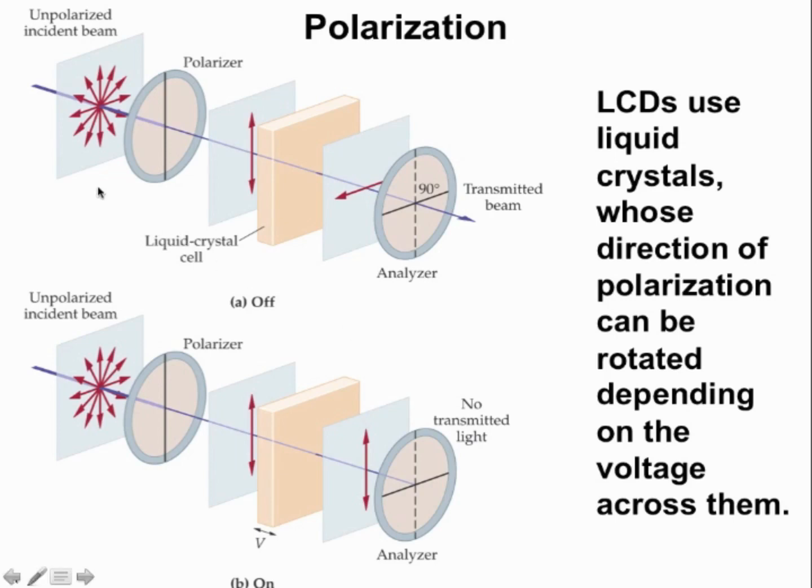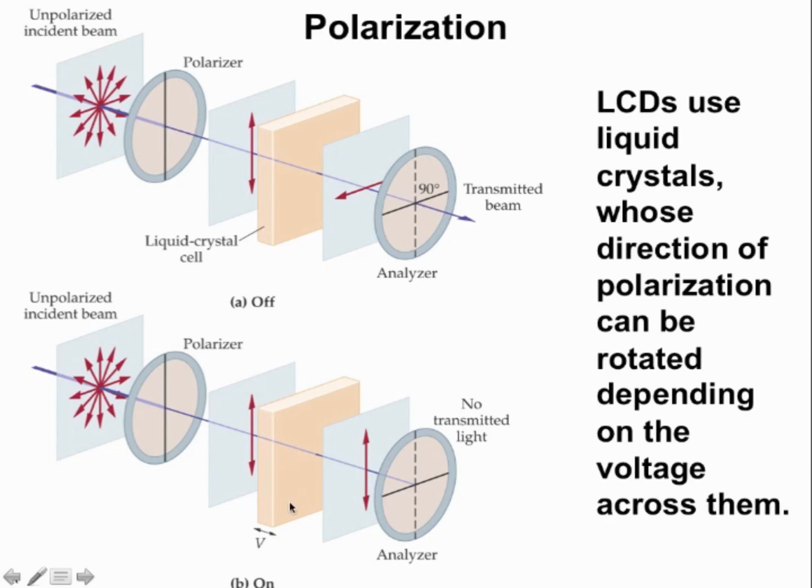But basically what happens is that an unpolarized incident beam comes through a first polarizer, and we have it vertically polarized. It passes through a liquid crystal cell. When that is off, what we get is a transmitted beam, because this liquid crystal cell twists in a way that allows the light to bend around to get through the plane of polarization of the second polarizer, or the analyzer.